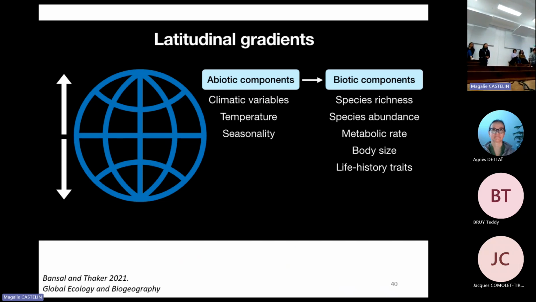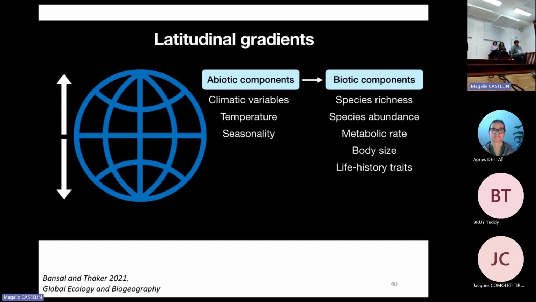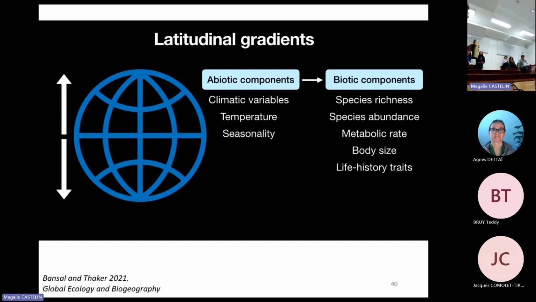And we see latitudinal gradients in phenotypic traits for every taxa that we've looked at, in fact. So the latitude gradients are driven by these common abiotic components, right? The climate, temperature, seasonality, and all of that affects species richness, species abundance, metabolic rate, body size, life history traits.